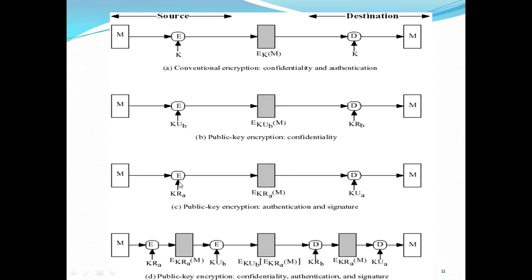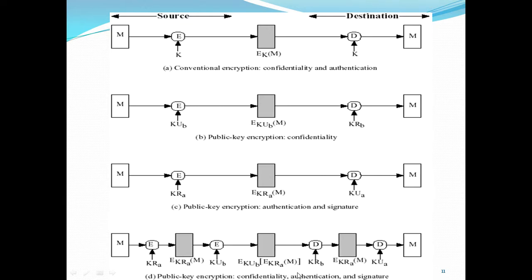Suppose the receiver doesn't have the public key of user A, then the sender will send the public key of user A. Otherwise, if the receiver has the public key ring of all the users, no problem. So in confidentiality, the receiver side credential is used, and in authentication, the sender side credential only is used in the encryption.